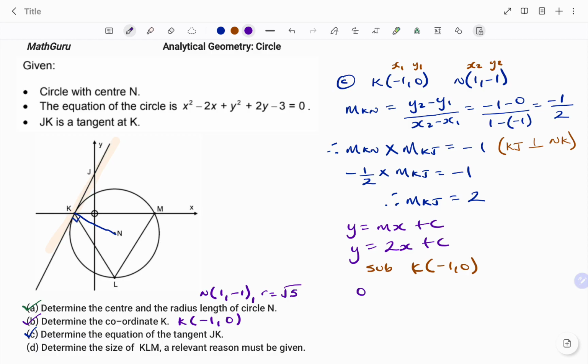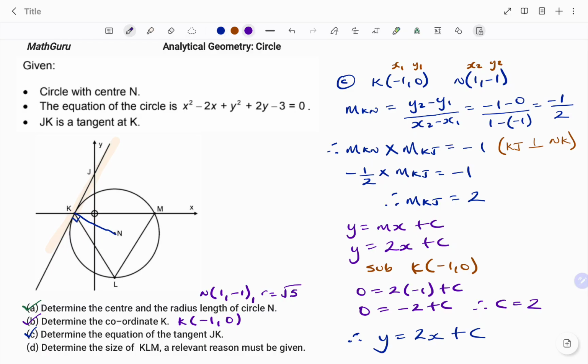So I have 0 equals 2 times -1 plus c. So I have 0 equals -2 plus c. So therefore, the value of c equals +2. So my equation will be y equals 2x plus 2. So that will be the equation of the tangent JK.